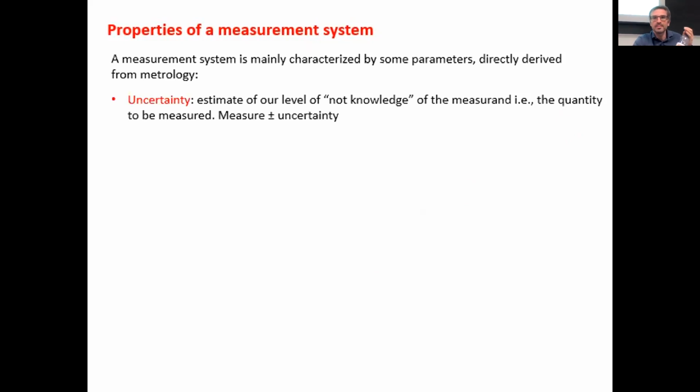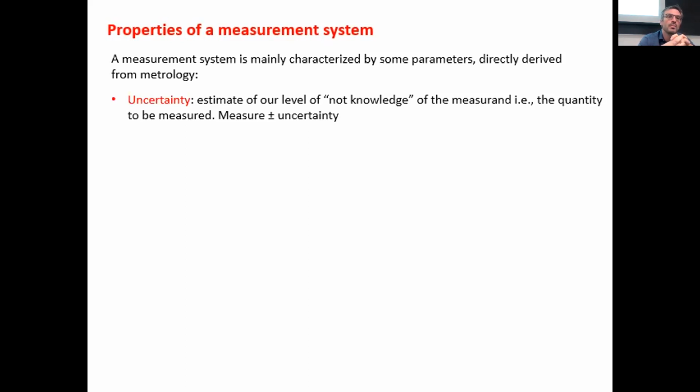And these parameters, which are the properties of a measurement system, are, first, uncertainty, which is the estimate of our level of not knowing the measurement, the quantity we want to measure. Usually uncertainty follows the measured value as a suffix with a plus minus sign.